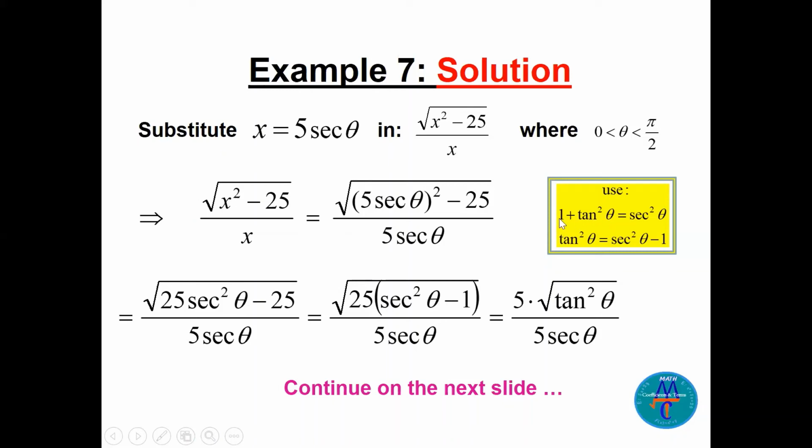Remember, we know the formula 1 plus tan squared of theta is equal to secant squared of theta. So if you take the one on the other side, it becomes secant squared of theta minus 1, which is tan squared. So inside this square root, I can put here tan squared of theta, replacing this bracket. And square root of 25 becomes 5 outside. Now I can cancel the 5 and continue on the next slide to simplify the answer.